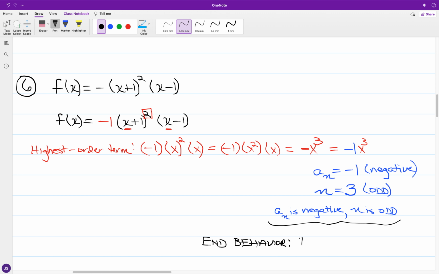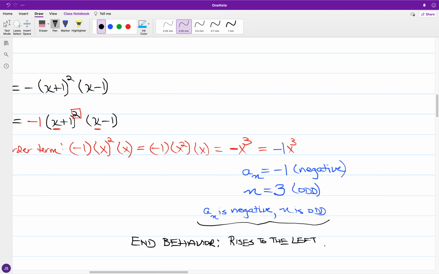So in the case of the end behavior, it's going to be up to the left, so we say it rises to the left, and it's going to fall to the right.